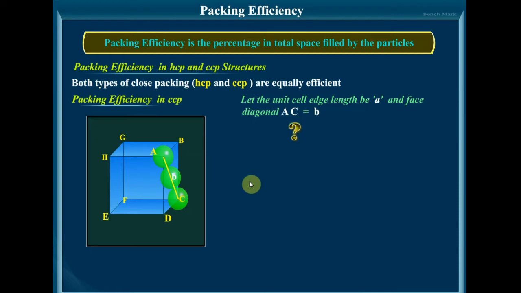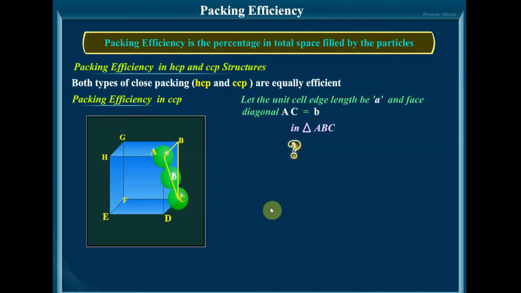In a face-centered cubic unit cell, the spheres at the corners are in contact with the sphere at the face center, but the corner spheres are not touching each other. So these three spheres that you can see are touching each other. Therefore, that is a face diagonal, which is AC, and AC is taken as B.